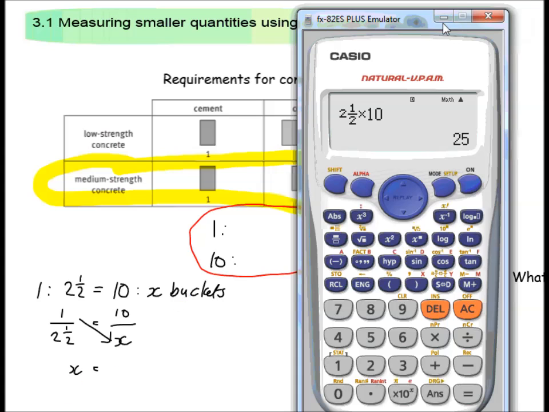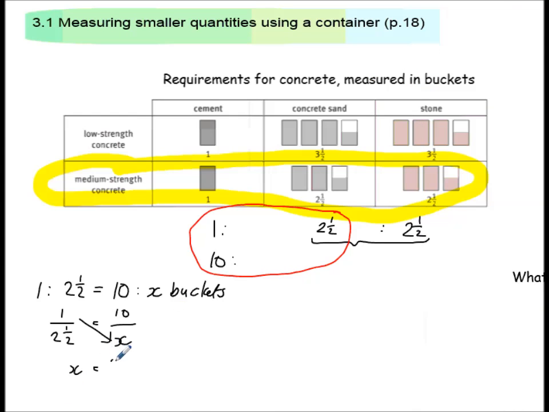So we need 25. So if I have 10 buckets of cement, I'm going to have 25 buckets of sand, and I'm going to have 25 buckets of stone.